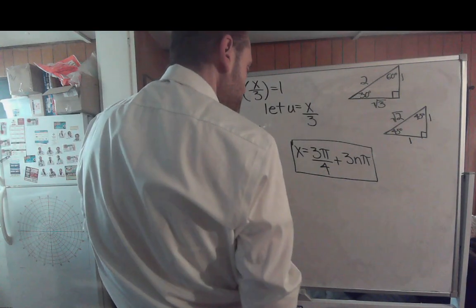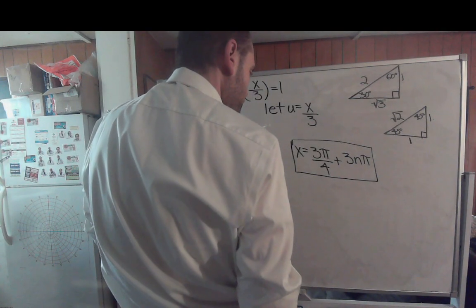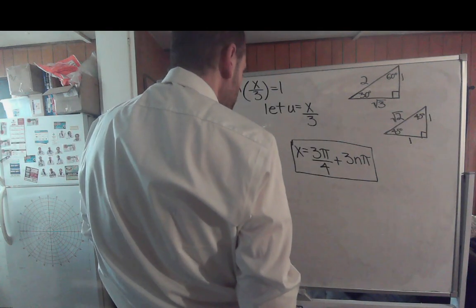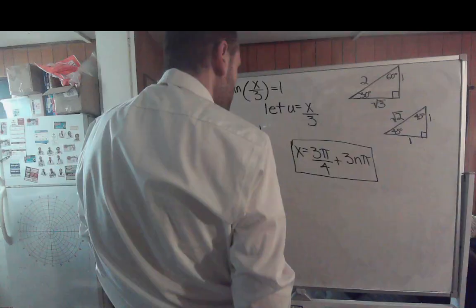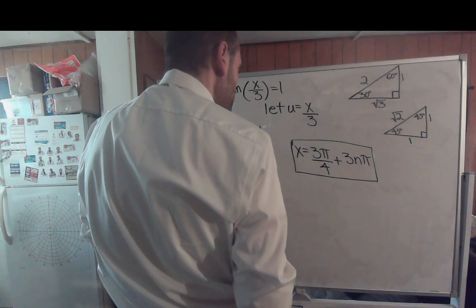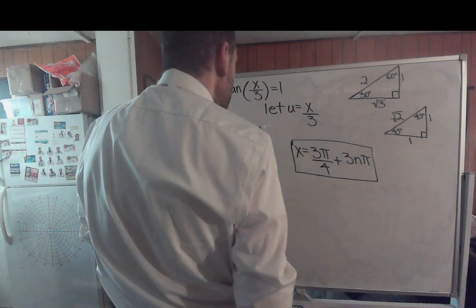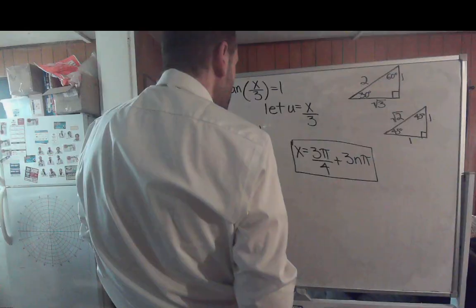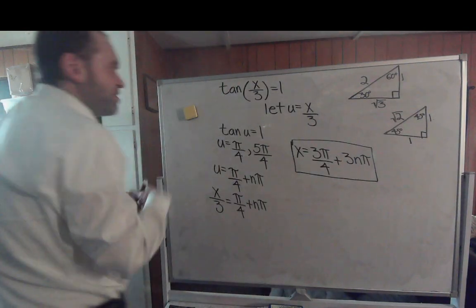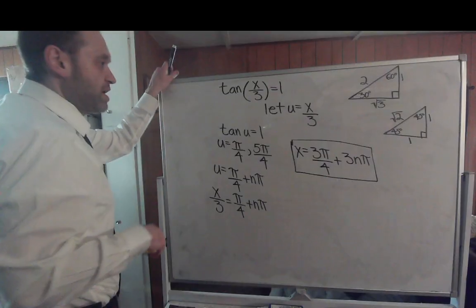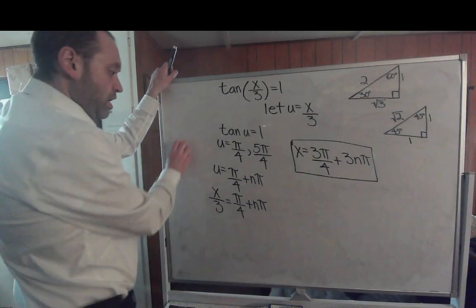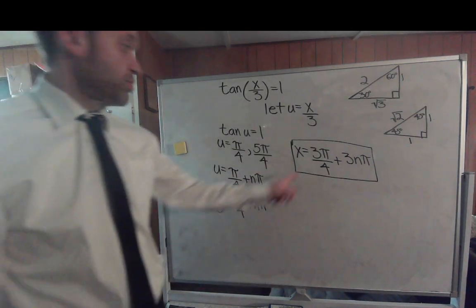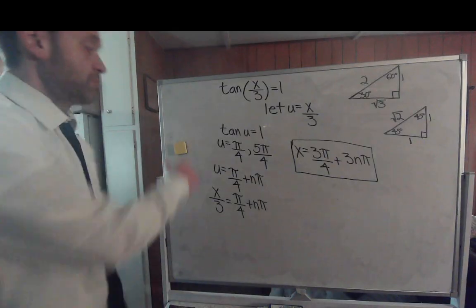Plus 3 pi, well that's 12 pi over 4, so 15 pi over 4. No, that would be accurate. That'd be 5 pi over 4 because you're dividing by 3. Okay. All right, so yes, your general solution is x equals 3 pi over 4 plus 3n pi.